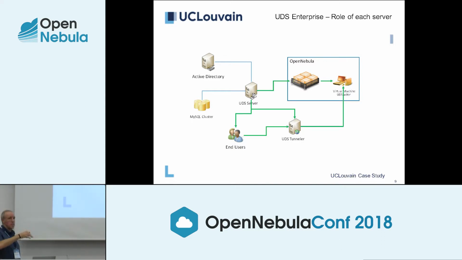It decides, okay, I will take this machine for the user. It just checks if the machine is up and ready to work, and then it gives the information to the user and the UDS tunneler.